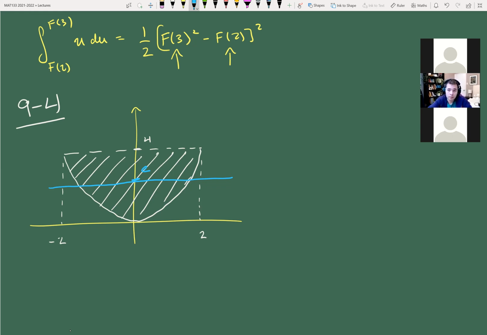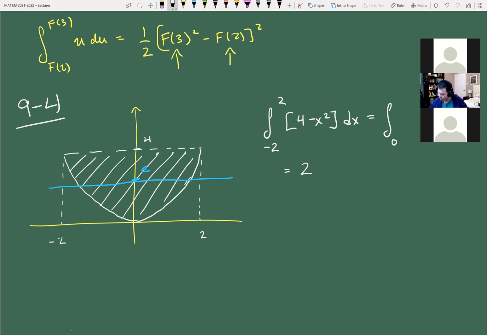Now, the first thing I should probably do is figure out what that area is, right? Because if I know what that area is, then at least I know what my goal is. So let's find that area first. So that's the integral of 4 minus x squared dx. Does everyone agree? Okay, great. And if I do that, what am I going to get? Actually, let me cheat.